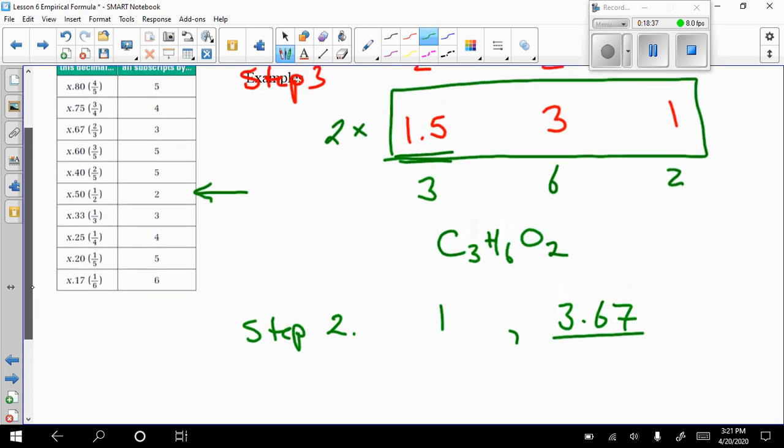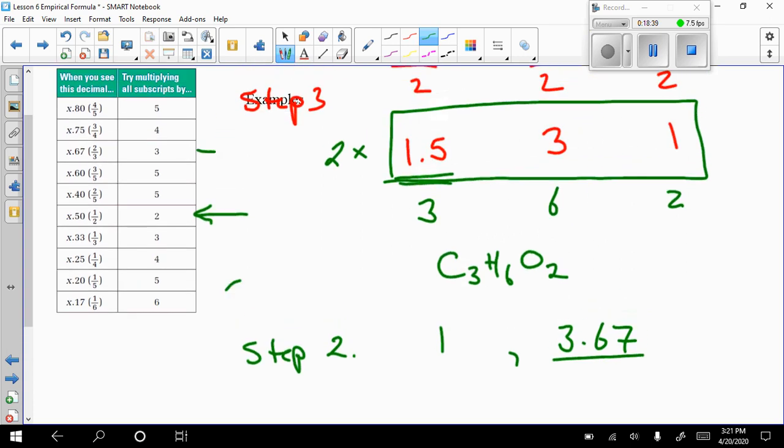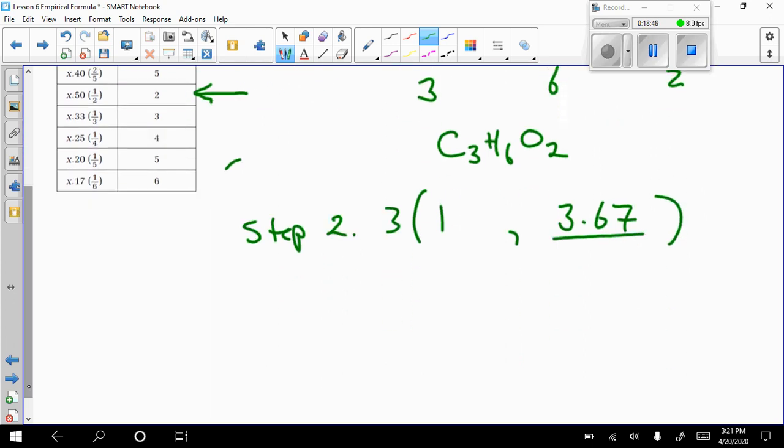So you look at your table and go, okay, I'm going to multiply everything by 3. You would do 3 times everything, and you get 3 and 11. So that gives you whole numbers. Let's say it had been something like S3P11.